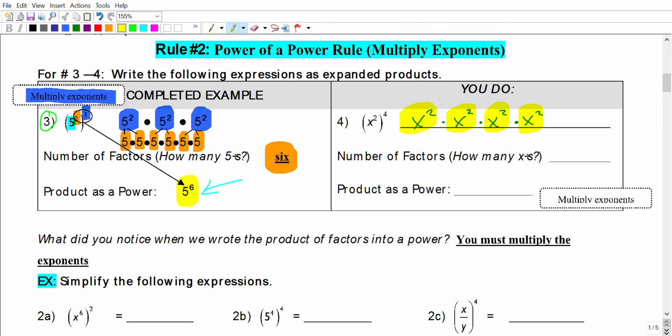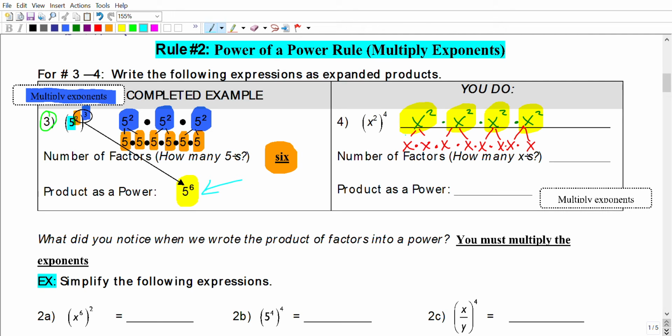But now I know that each one of those splits up into x times x. And yet again, x times x, x times x, and x times x. So let's count them out now and see how many we have.